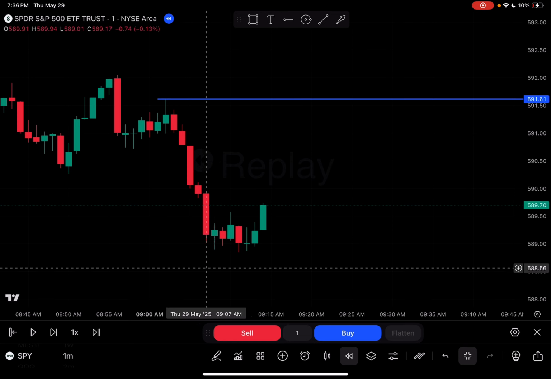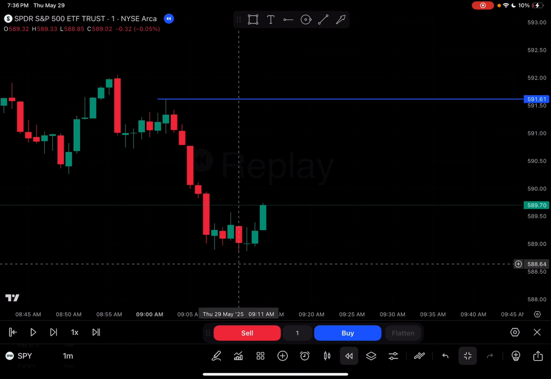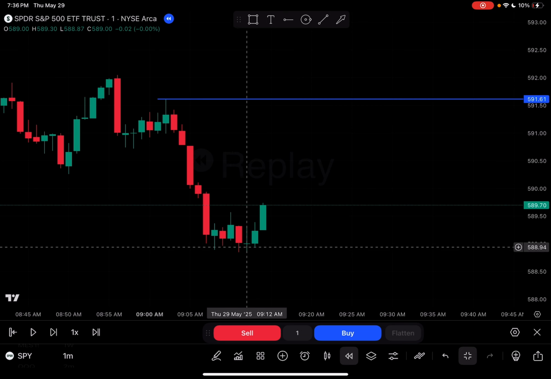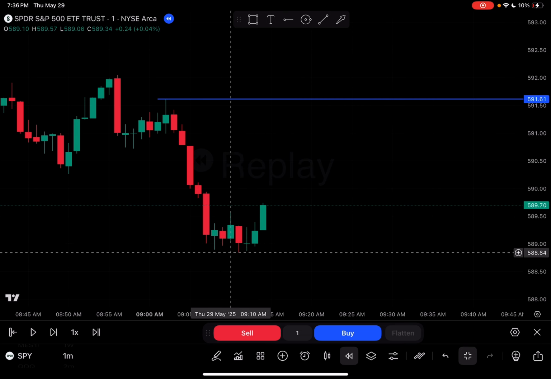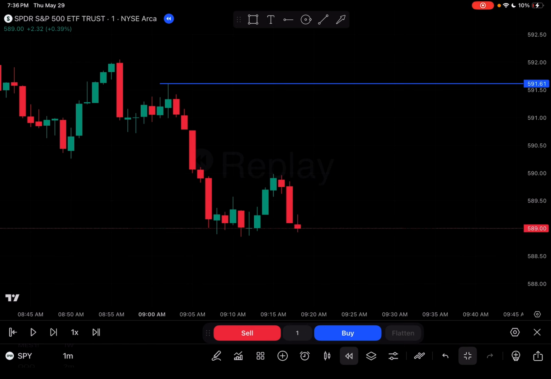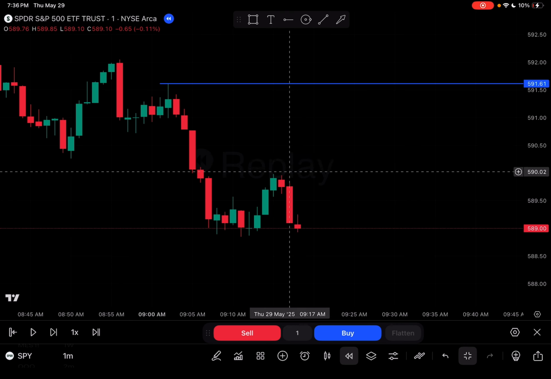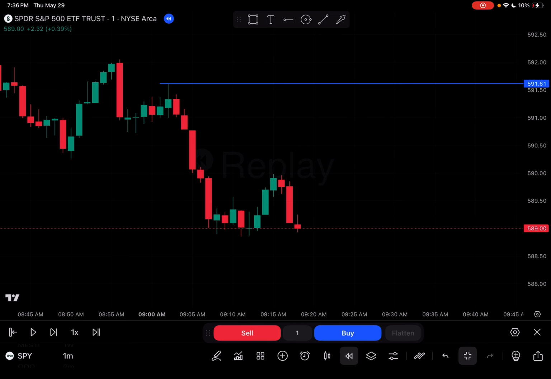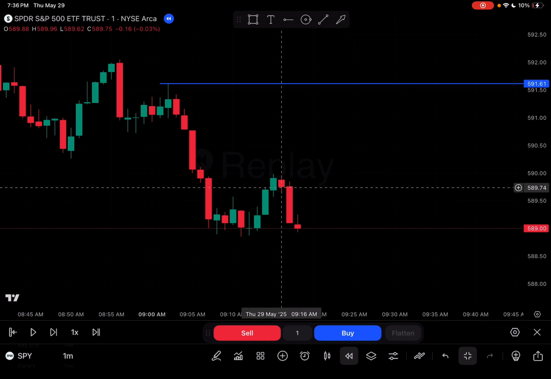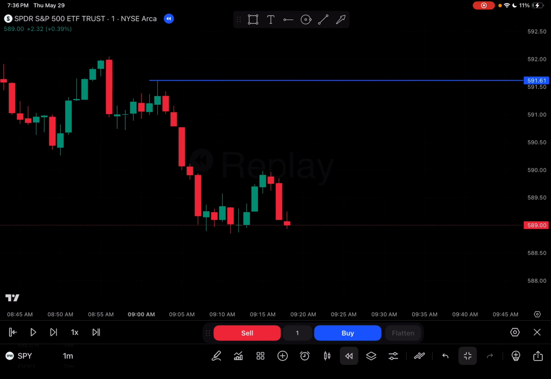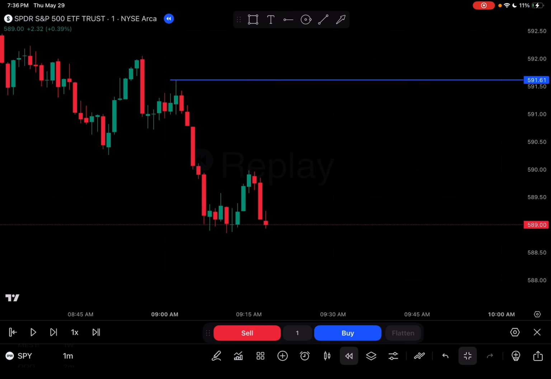I didn't regard either one of these as supply because there is no other red candle following to the downside, like immediate or strong. So I wouldn't consider that a supply zone. You could consider this a supply zone as well, but something about the body of this red candle being within the green candle just shows me that it's maybe not as strong as a supply zone.